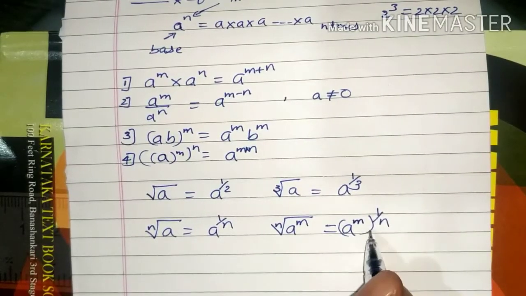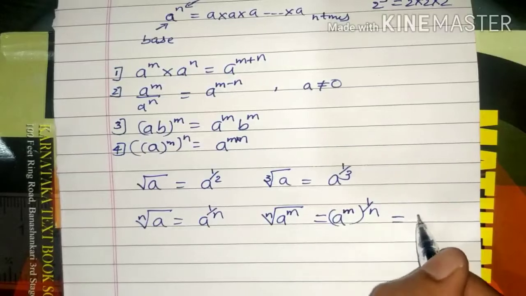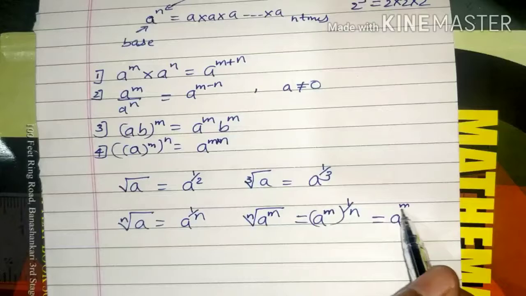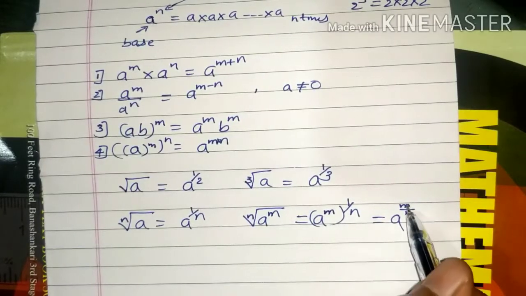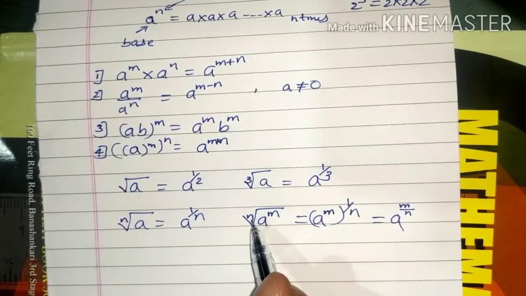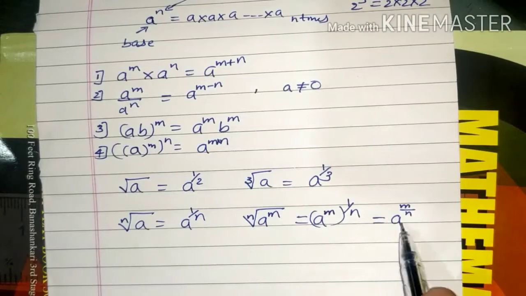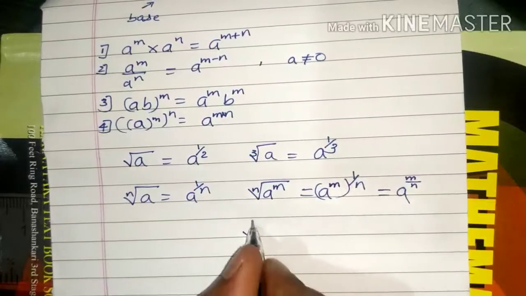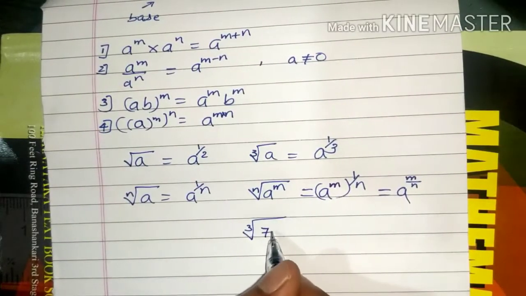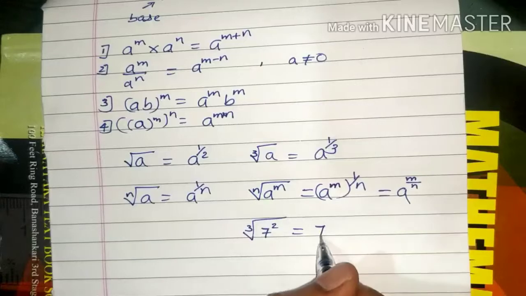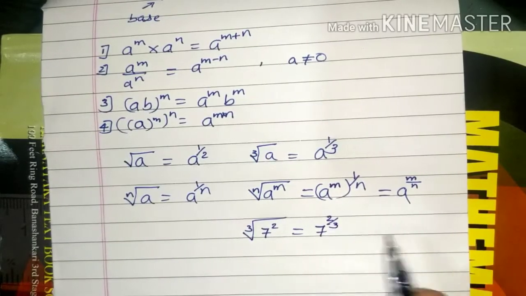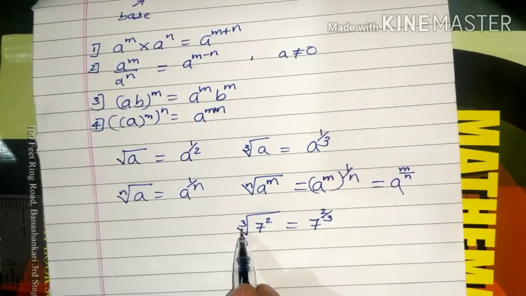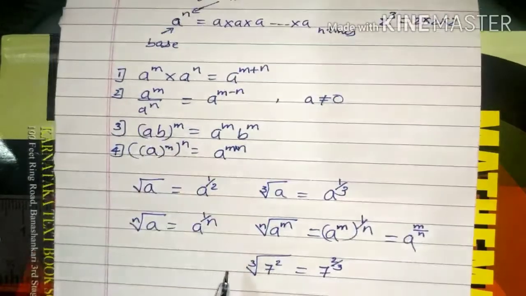If you simplify this using the earlier law, it will be a raised to m by n. So nth root of a raised to m is equal to a raised to m by n. In particular, cube root of 7 square is equal to 7 raised to 2 by 3, so the denominator comes as the root. These are the laws.